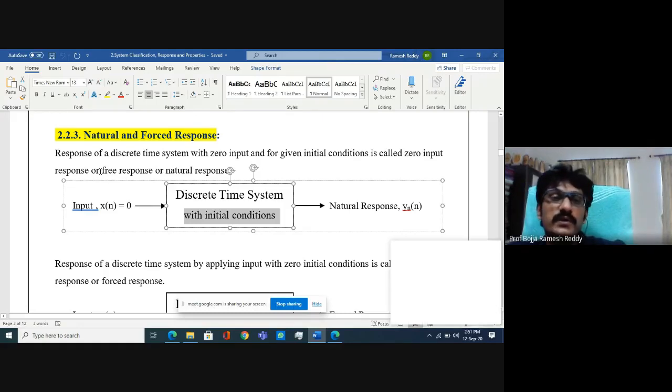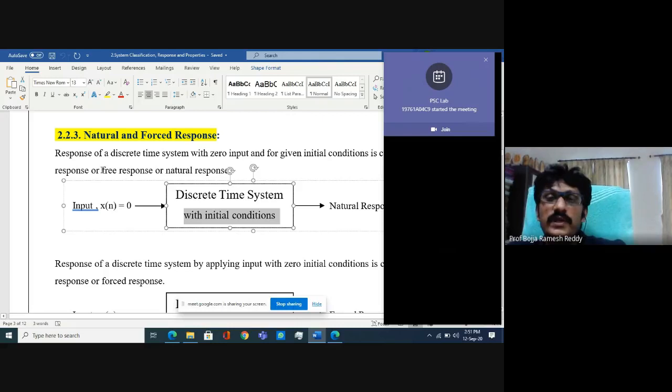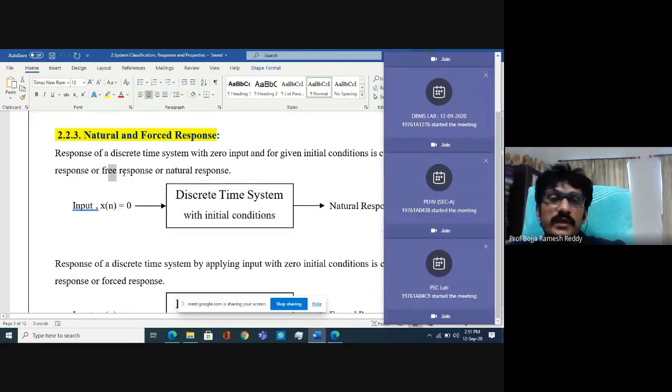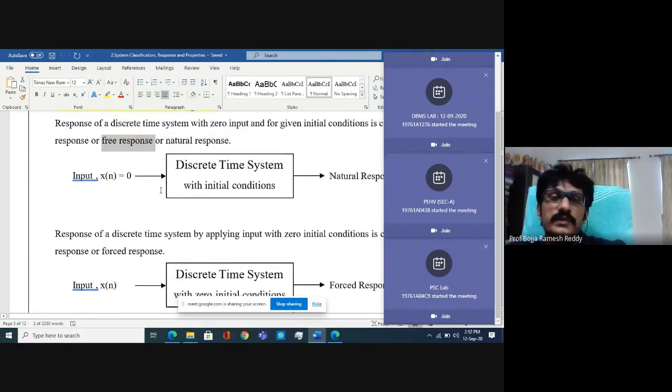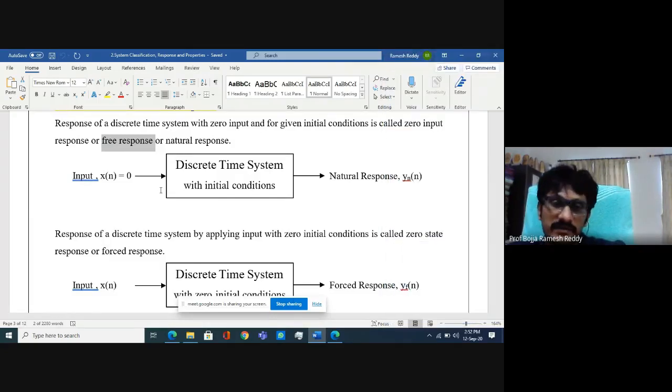It is also known as free response, free from input. That's why it is a free response. That is the procedure to compute the natural response of a system: without giving input, evaluate the output by considering initial conditions.